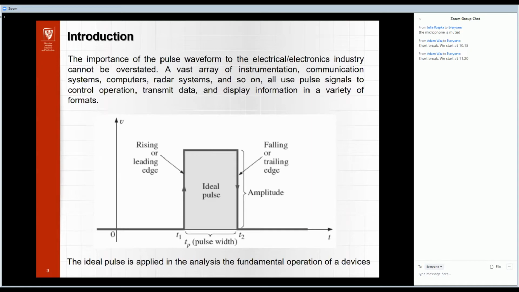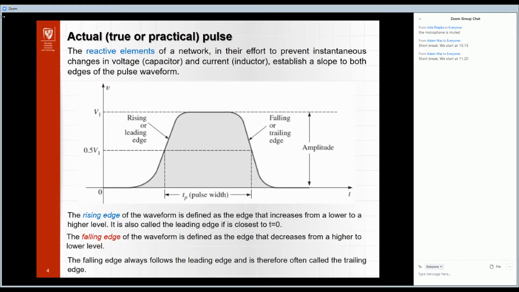so the ideal pulse is applied in the analysis of the fundamental operation of a device. You know about the ideal functions from the previous lessons. Okay, but when we have real circuits with capacitors and inductors, the slope is different. I don't mean the capacitors and inductors that we put in the circuit according to our intention, but in practice, of course, we also have parasitic elements, parasitic capacitance, parasitic inductance, over which sometimes we cannot have any influence.